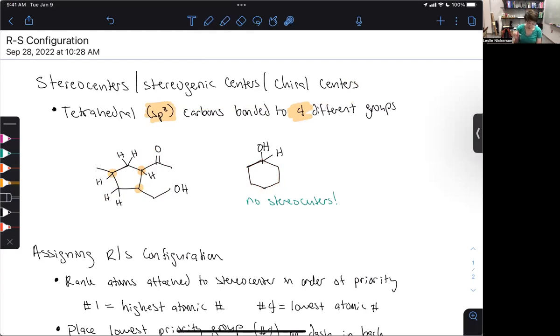Okay, so now that we can identify stereocenters, we need to figure out how to accurately communicate whether those stereocenters are on a wedge, on a dash, what exactly are they doing, okay? And that comes down to what configuration are they? So we talked a lot about conformation last week.